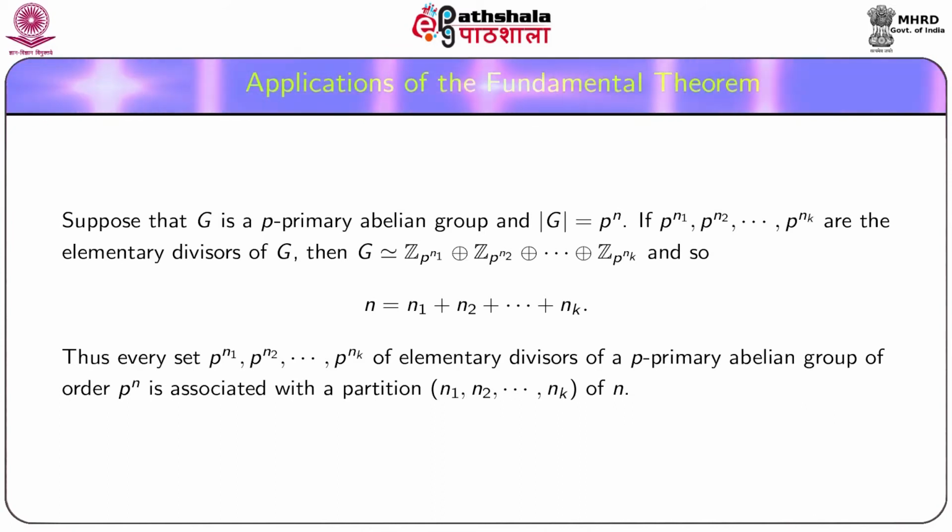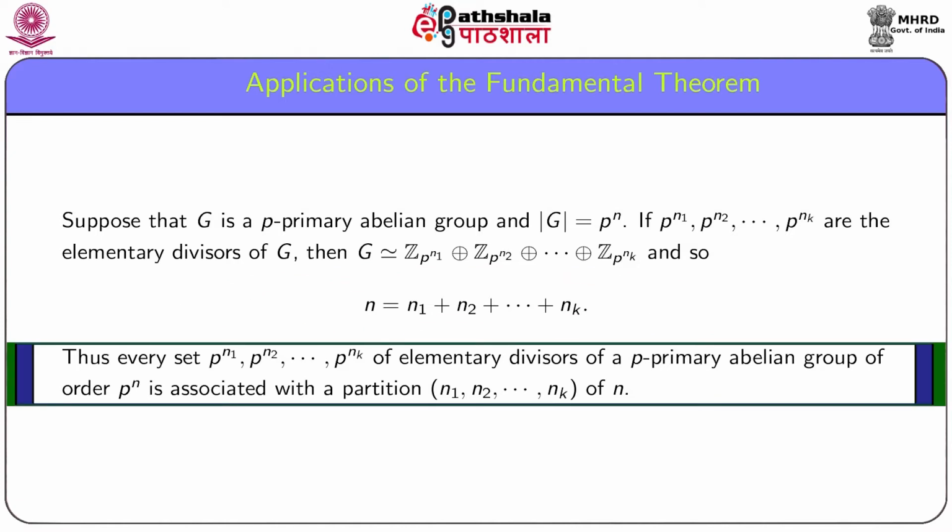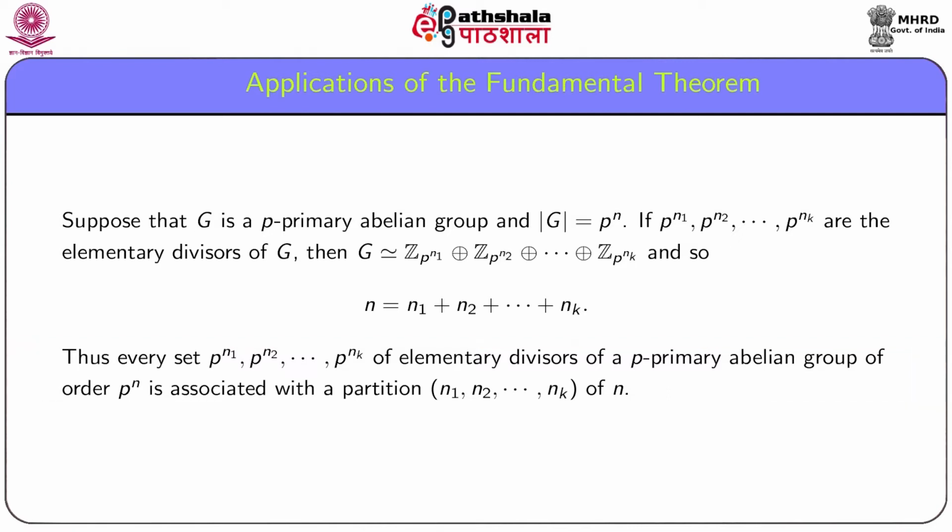So, the order of the group on the right hand side is p to the power n1 plus n2 plus so on plus nk, whereas the order of the left hand side, that is of G, is p to the power n, and so n is the sum of n1, n2, nk. Thus, every set p to the power n1, p to the power n2, so on, p to the power nk of elementary divisors of a p-primary abelian group of order p to the power n is associated with a partition n1, n2, up to nk of n.